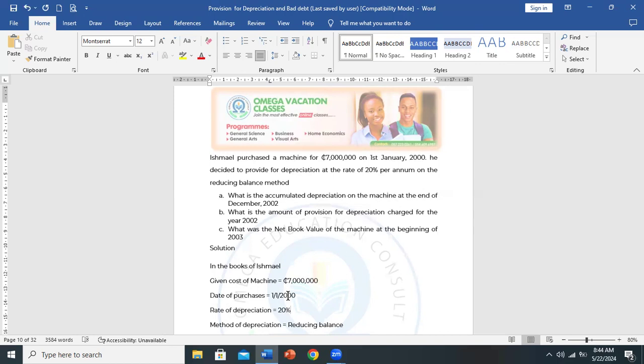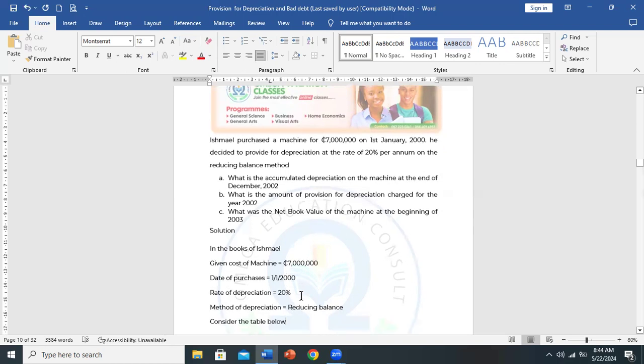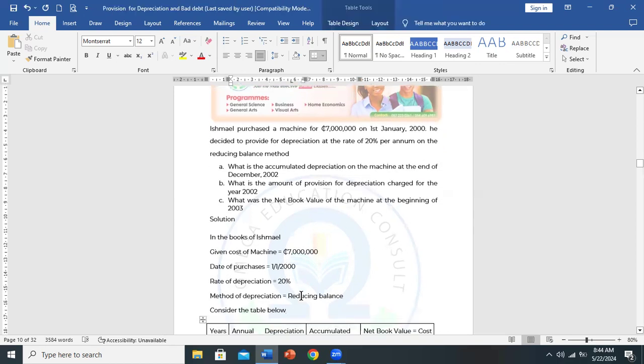Okay, so we need to reckon that the asset was purchased on 1st January 2000. The method, of course, is reducing balance. So let's look at how you go about it. It is expected that we calculate the depreciation for the year 2000, for the year 2001, for the year 2002, as well as 2003, simply because we have questions that border on all these years.